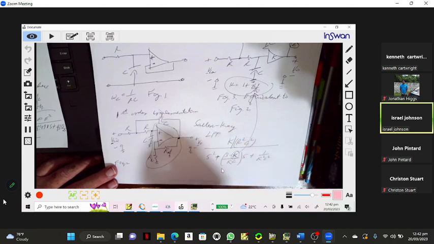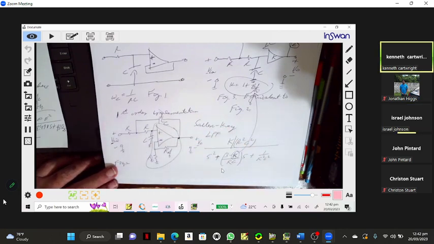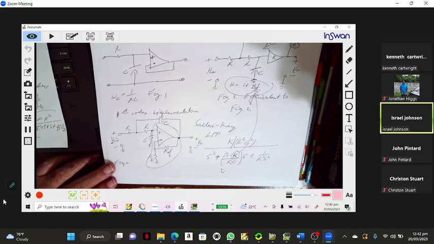Is the working you just did for the Sallen-Key low pass filter? What are you calling the Sallen-Key? That would be figure 2.